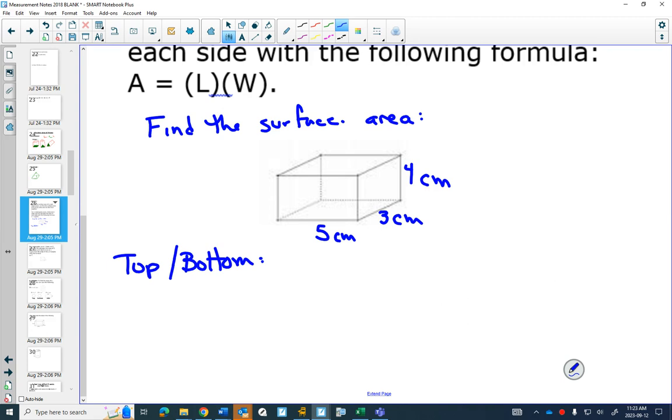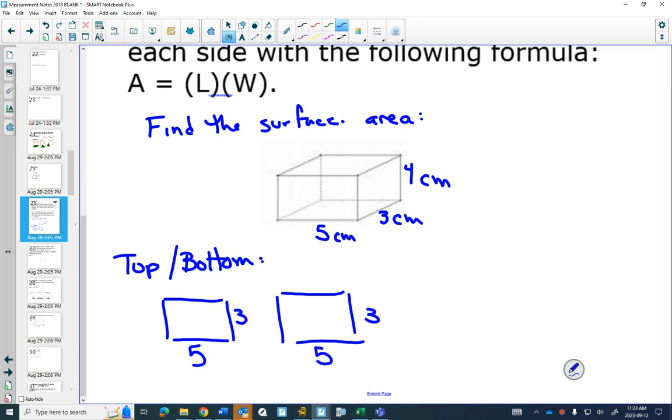Top and bottom: what are the rectangles that are on the top and bottom? So you draw a rectangle for the top, draw a rectangle for the bottom, and it would be 5 and 3, 5 and 3.